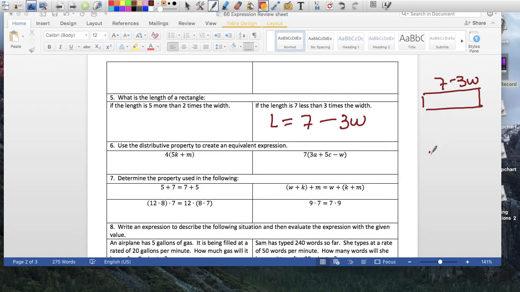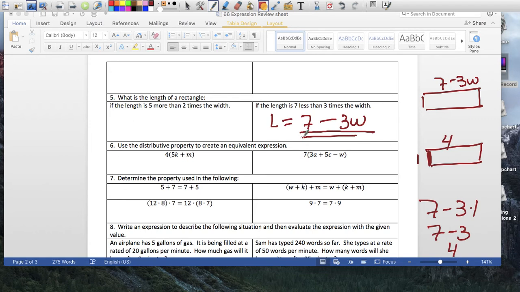So if I told you that the width of this rectangle was 1, how much would this length be? Well, you would put this one over here, right? So it'd be 7 minus 3 times 1. 7 minus 3 times 1 is 3. So the length would be 4. All right, so I'm describing the length in terms of the width.